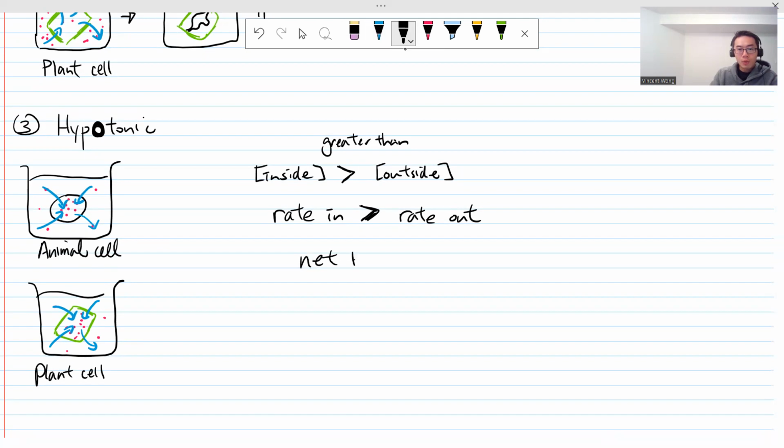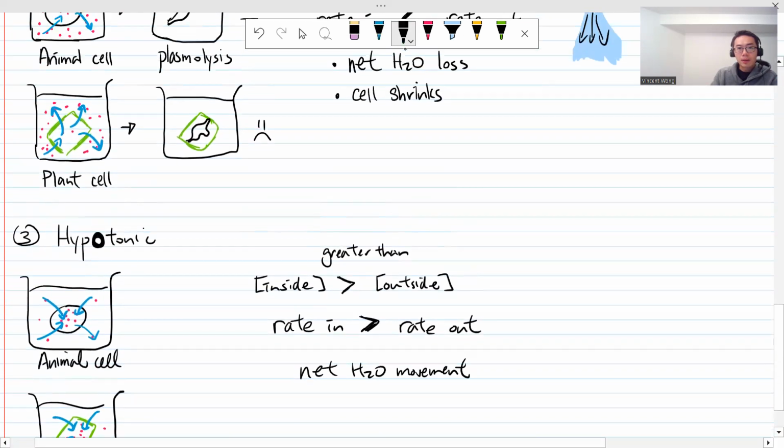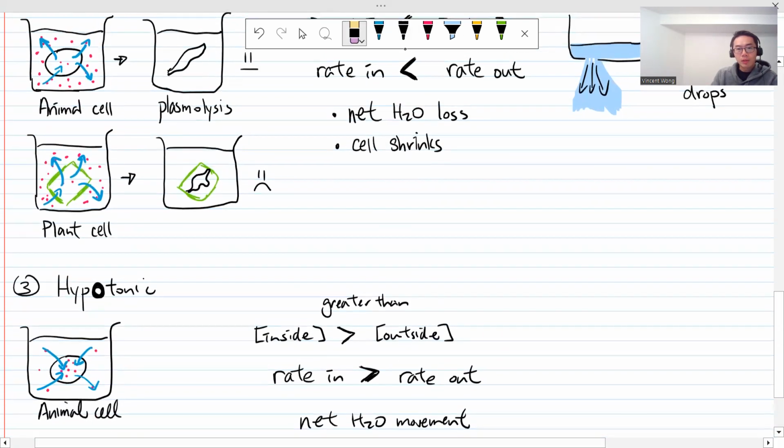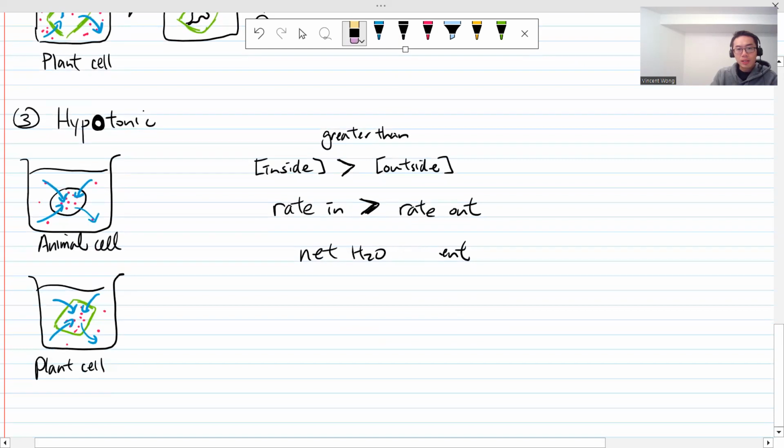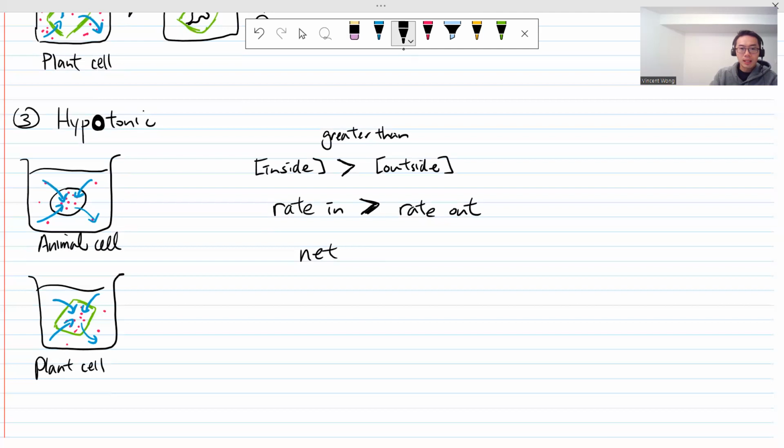So net water movement. What did I write before? Okay, I wrote net water loss. I just wanted to keep the language similar, so it's not going to be too confusing. Net water in, as in into the cell. Cell swells.